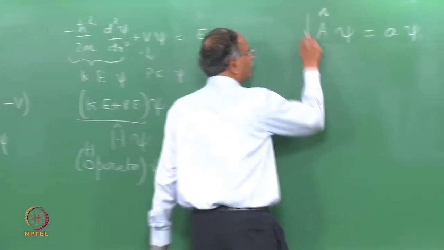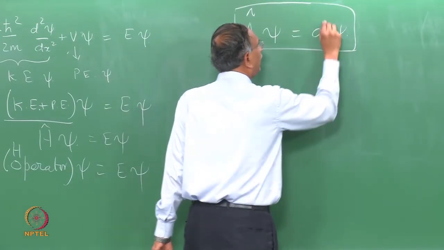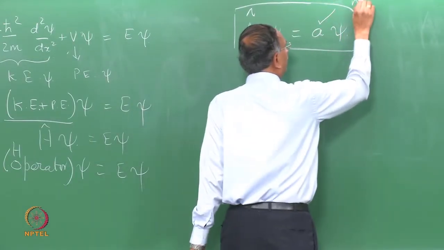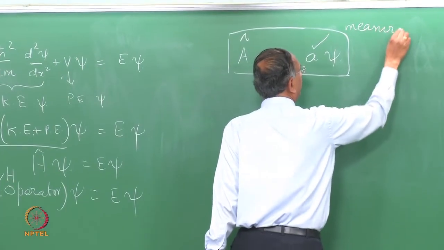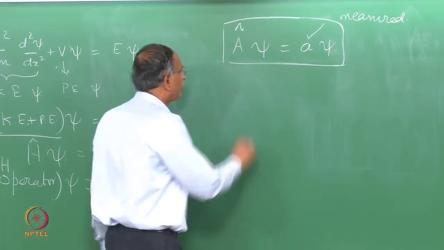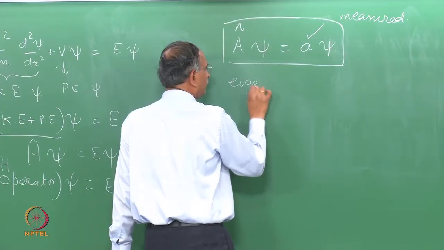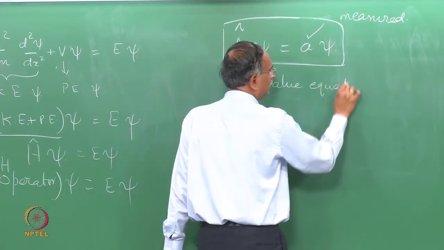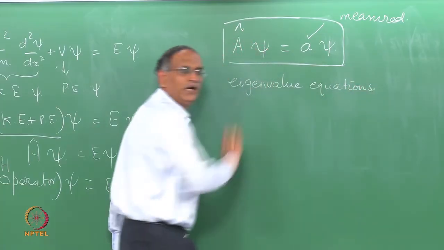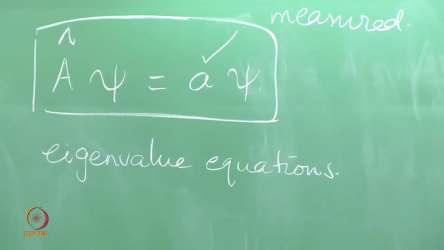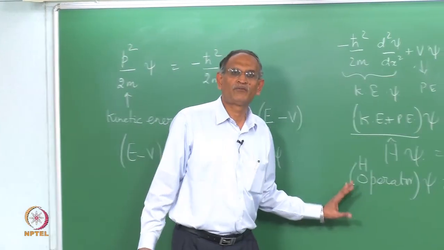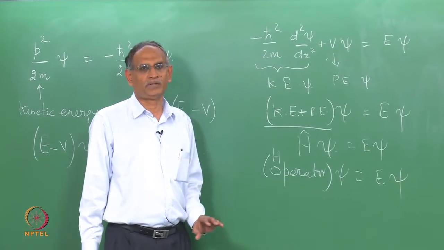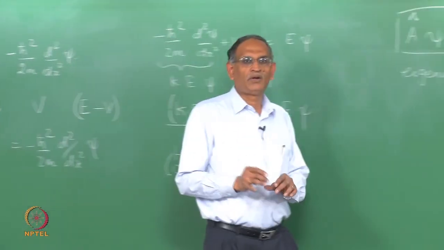Any such equation in which A can be measured experimentally is called an eigenvalue equation. And the time independent Schrodinger equation is the eigenvalue equation for the Hamiltonian or the energy operator. This is the picture that you have to have.